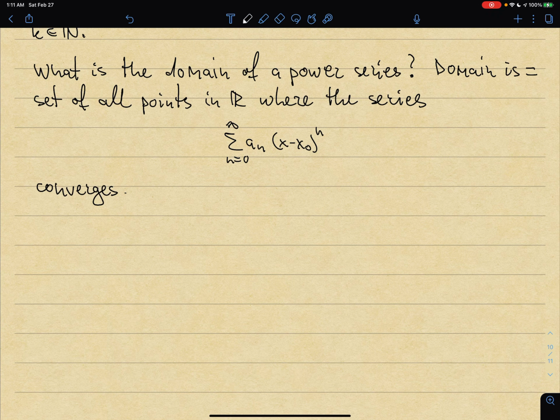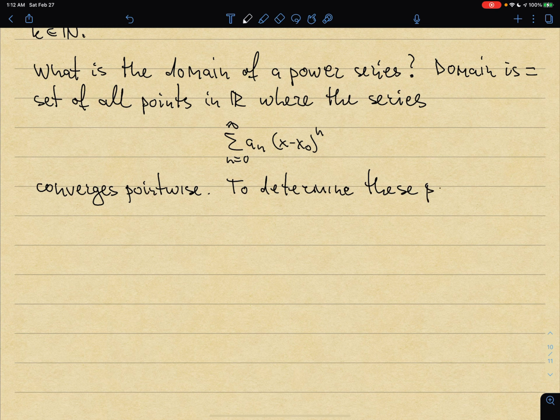Okay, so now I want to decide where it converges pointwise. So to determine these points, what do we do for the pointwise convergence? Fix any x in R, right?